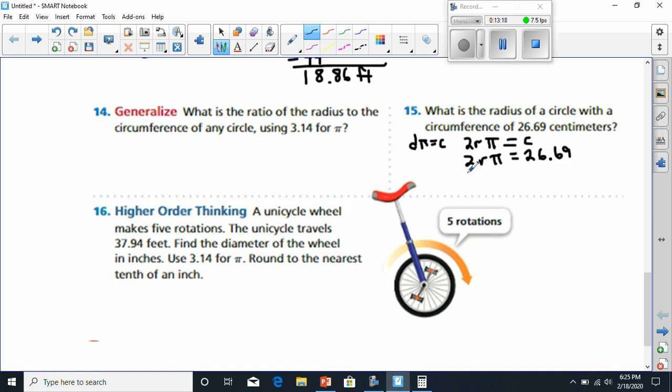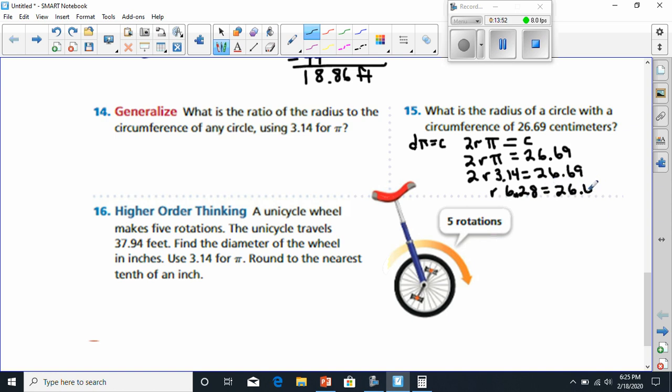So this is 2 times r times 3.14, and that's got to equal 26.69. Well, 2 times 3.14 is going to give us r times 6.28.